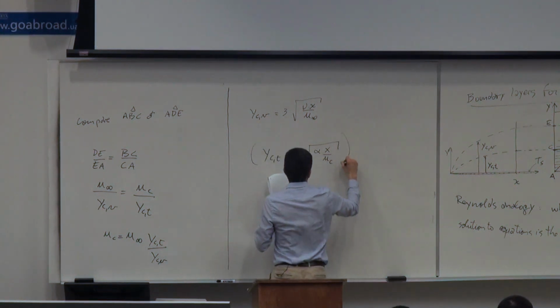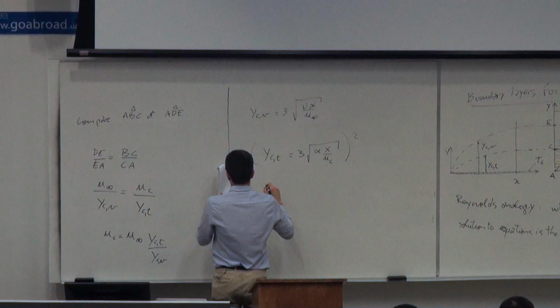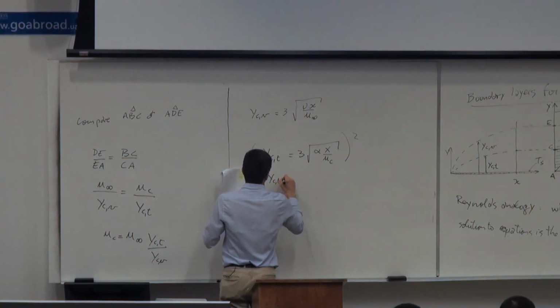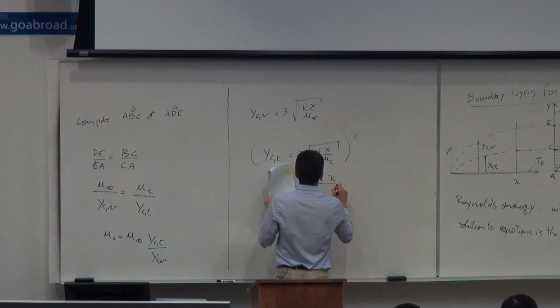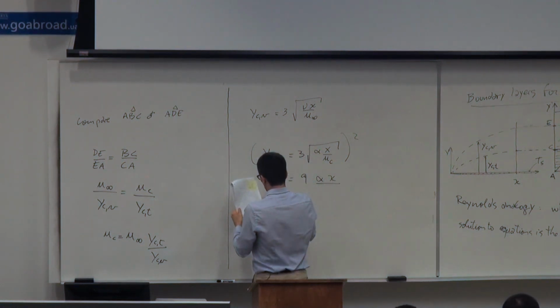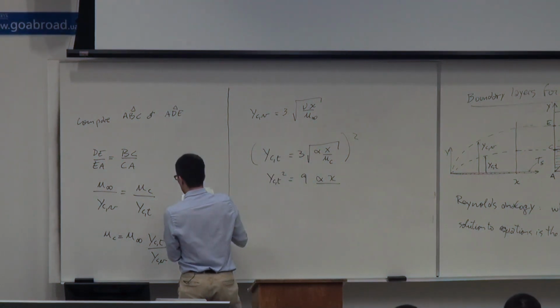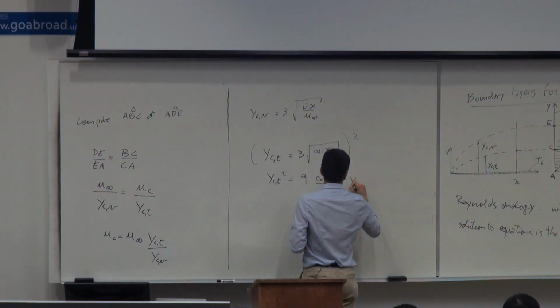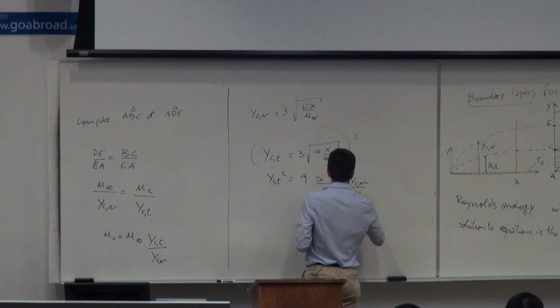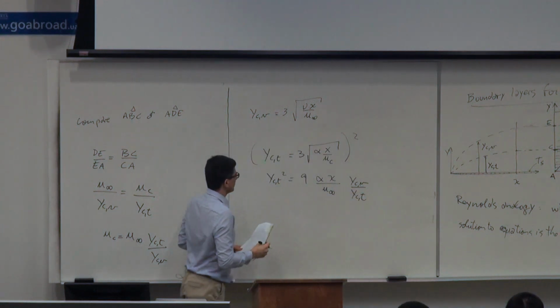If I square this, I end up with YCT squared equals 9 alpha x over UC, and UC was U infinity YCV over YCT, right?